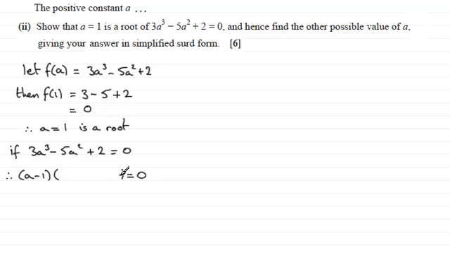So if I'm going to guess what this quadratic factor is, it's got to be 3a squared at the start, so that a times 3a squared gives me 3a cubed. And as for the constant plus 2 at the end, I've got minus 1 times something has got to give me that constant. So that's going to have to be minus 2.